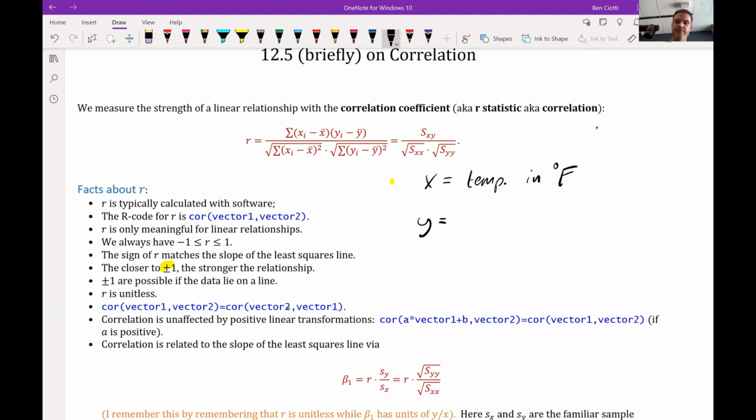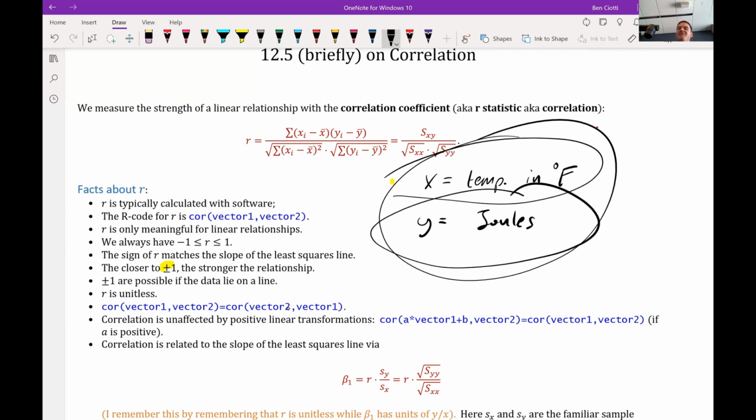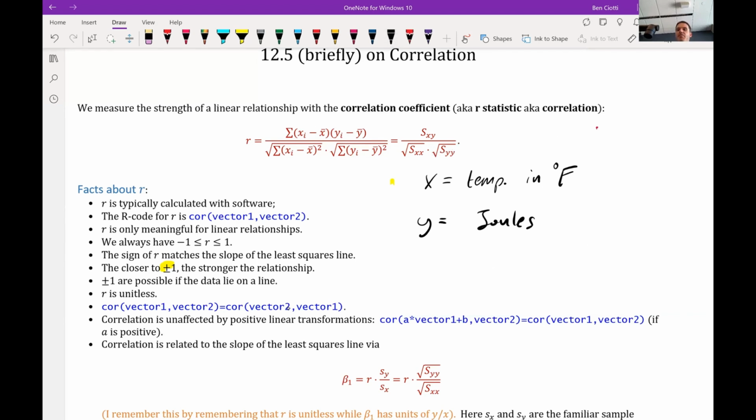Let's just say joules of energy that were produced by some engine. The point is, if I compute the correlation between these two data sets, how will it be affected if I had used Celsius instead of Fahrenheit?